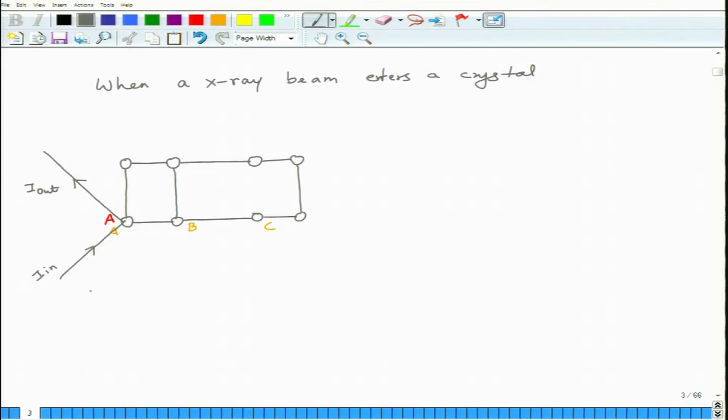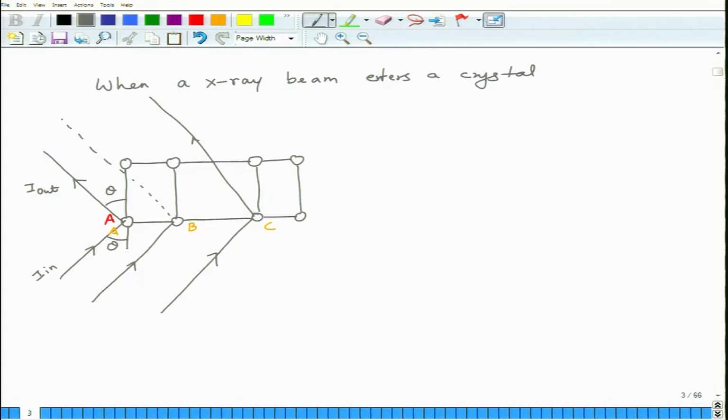Similarly, you will have one for B, and the diffracted beam from there, and of course you will have one from here, and then one from there. I have not drawn the atoms in between, you will have successive atoms all over the place. And let us say this angle which is here is theta, and this is also theta.